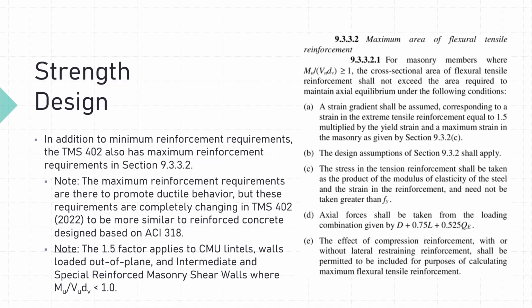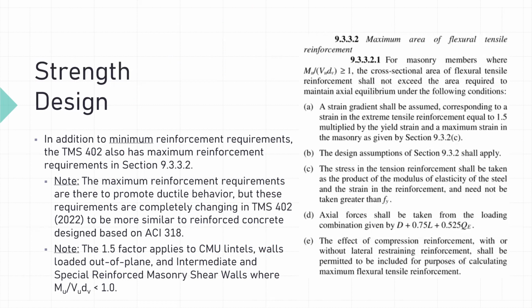Strain gradient shall be assumed corresponding to a strain at the extreme tensile reinforcement equal to 1.5 multiplied by the yield strain and a maximum strain in the masonry as given by section 9.3.2. And so again, that 1.5 factor is going to apply to CMU lintels, walls loaded out of plane, and intermediate and special reinforced masonry shear walls dependent on our M sub U divided by V sub U d sub v ratio.